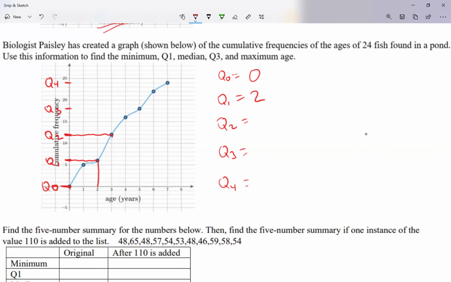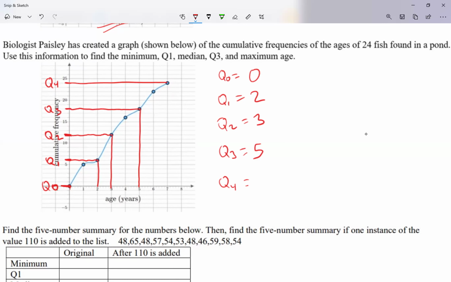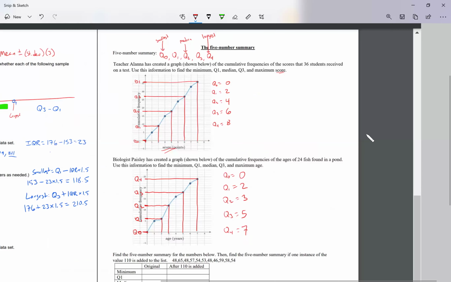What's the X value at that point? 3. My quartile 3. Where do I meet the graph? Here. What's the X value? 5. My quartile 4. Where do I meet the graph? Here. What's the X value at that point? 7. Wasn't that easy? Wasn't that nice?